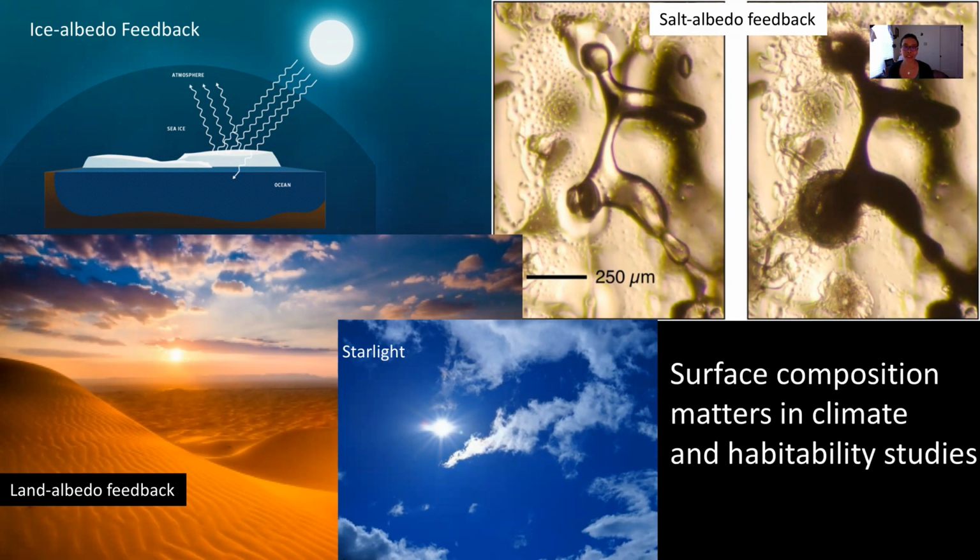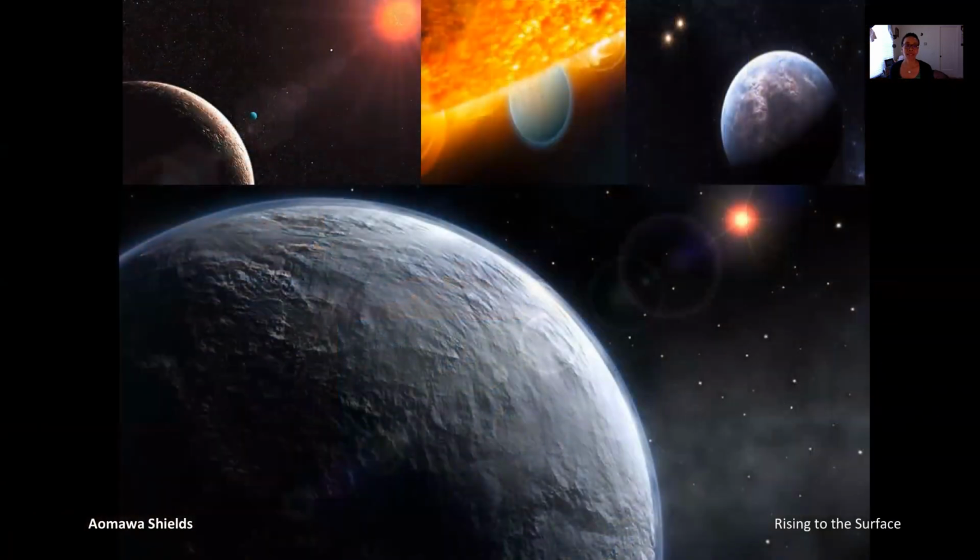So if nothing else, please take away from this talk that surface composition matters when we're going about simulating the climates and possible habitability regimes of these planets. And that's the method for obtaining the most accurate assessments of these planets' habitability, incorporating all of the different parameters that we think might be super critical to their habitability, and surface composition is one of those parameters.